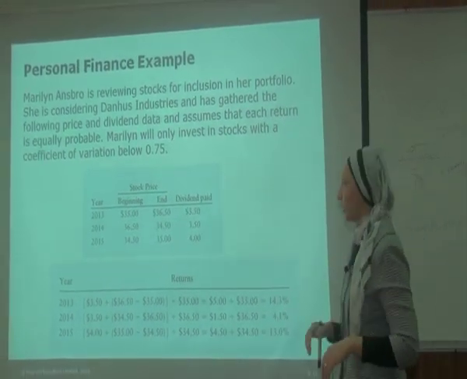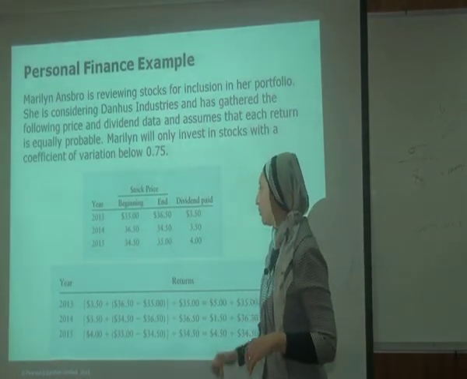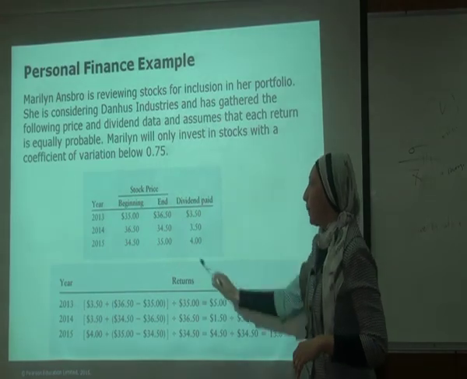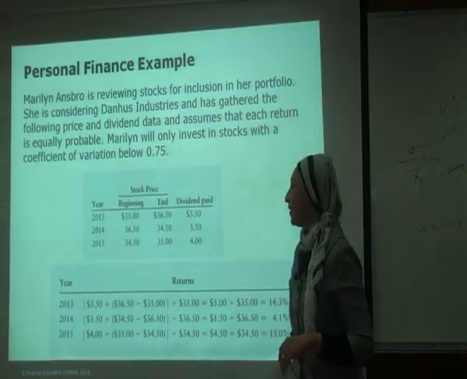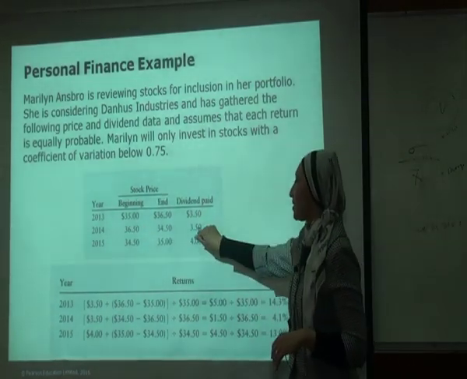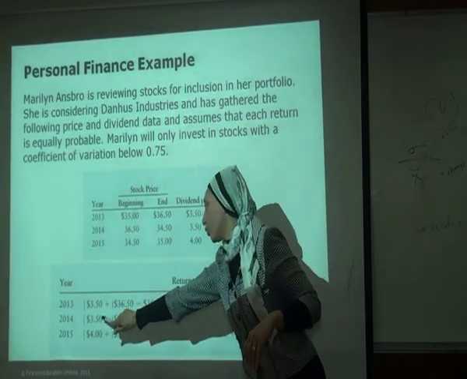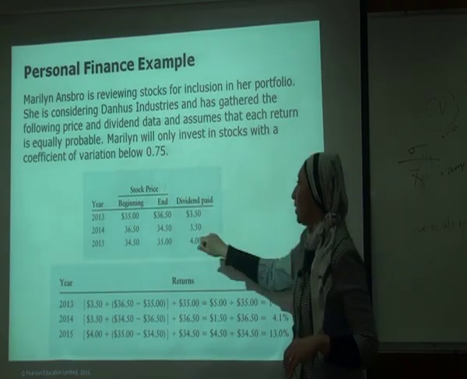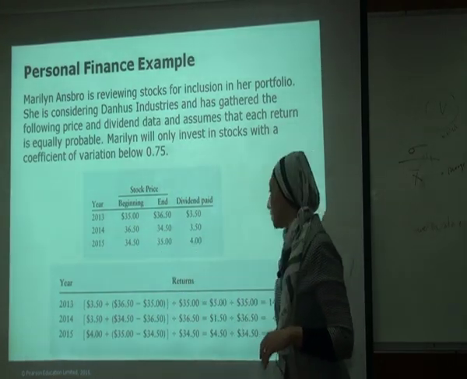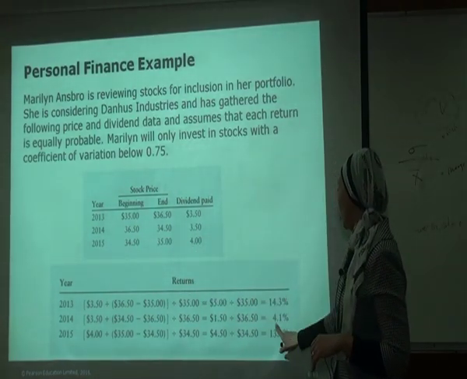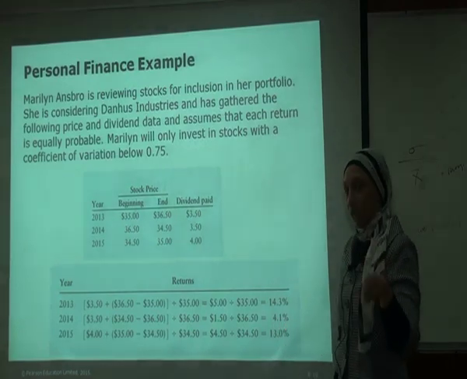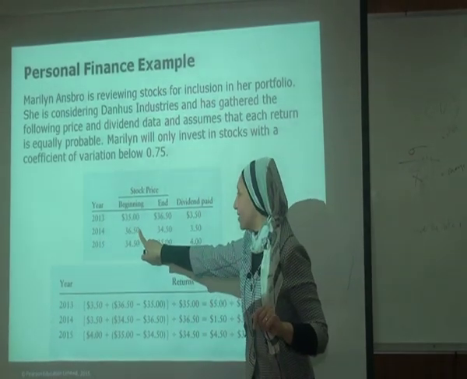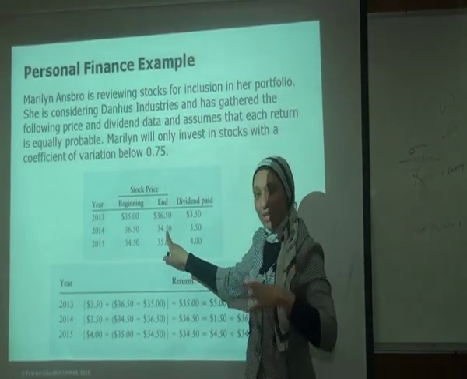Let us calculate the second year, 2014. Here is the ending price, it's 34.5, minus beginning price, 36.5, plus the dividends distributed with it, which is 3.5, divided by the beginning price, which is 36.5, you will get 4.1%. You need to notice here that the beginning price is higher than the ending price.